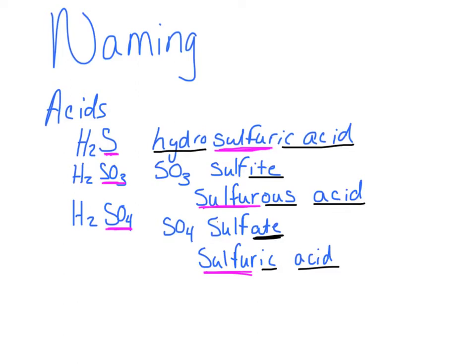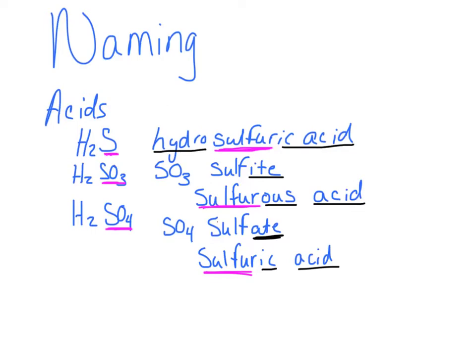So you have just your standard acid where it's one nonmetal with our hydrogen, and we call that hydro, and then the element ic acid. So H2S, hydrosulfuric acid, HCl, hydrochloric acid, HF, hydrofluoric acid.